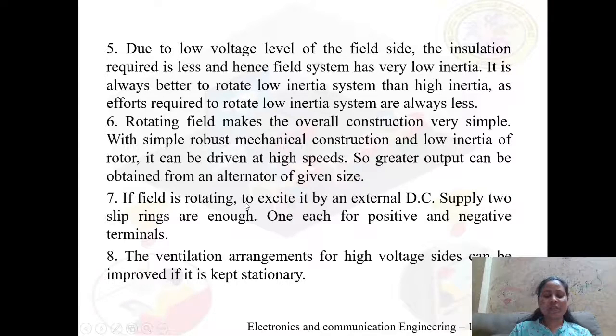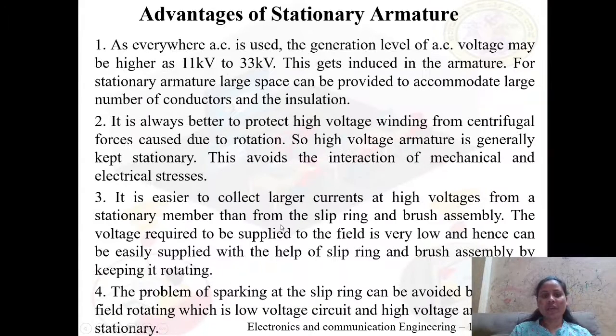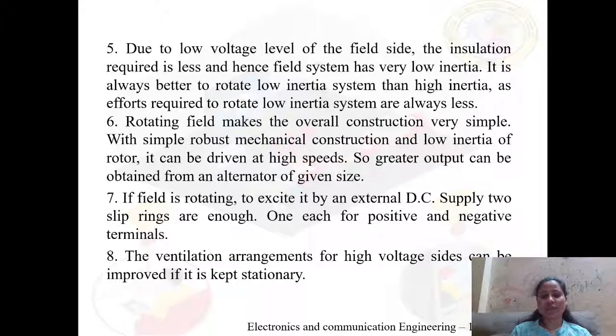If the field is rotating, to excite it by the external DC supply we just need two slip rings, one for the positive and another for the negative terminal. The ventilation arrangement for the high voltage side can also be improved if it is kept stationary. So these are all the advantages of having the stationary armature.